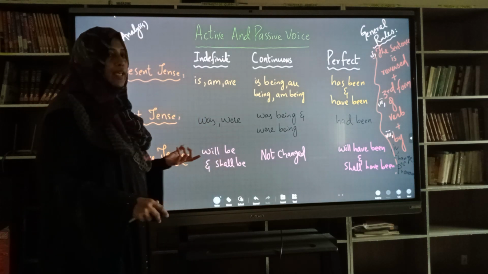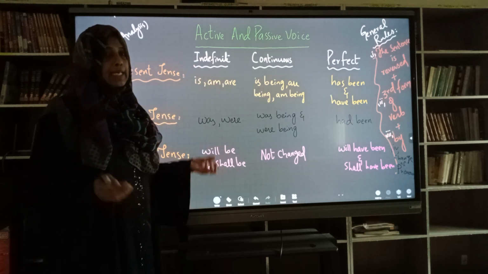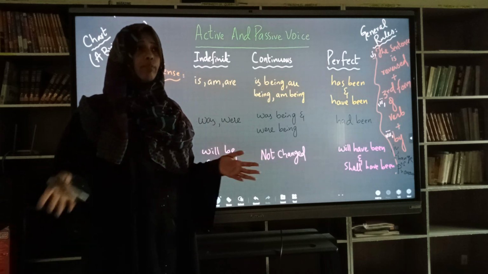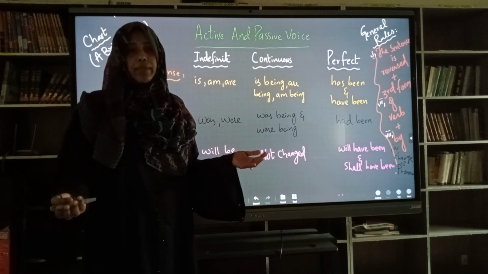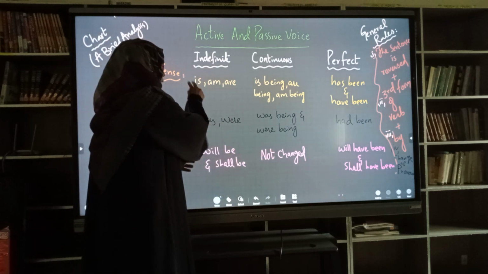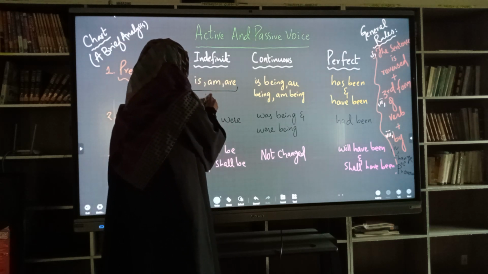Now the first type of tense we will discuss will be present indefinite tense. In the active sentence, do or does or first form of verb in third person singular, like he, she, it, s or es will be added, you know it. It's an active form. But for the passive voice, is, am, are will be the helping verbs.